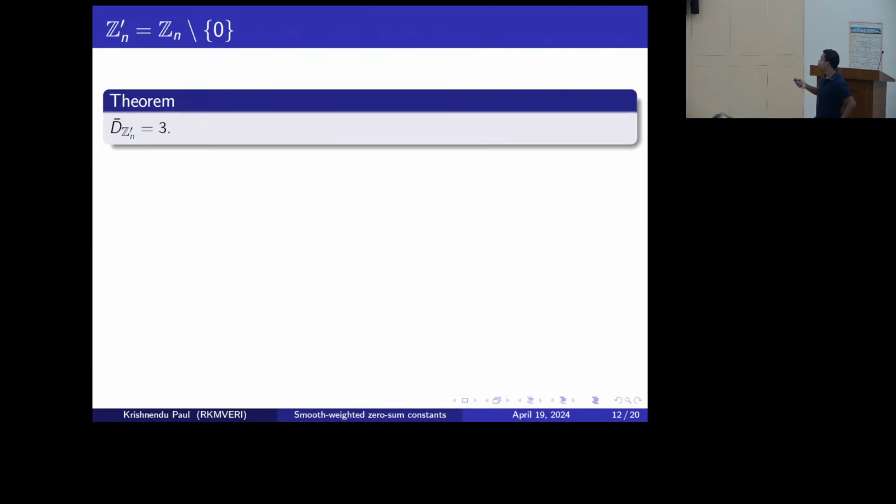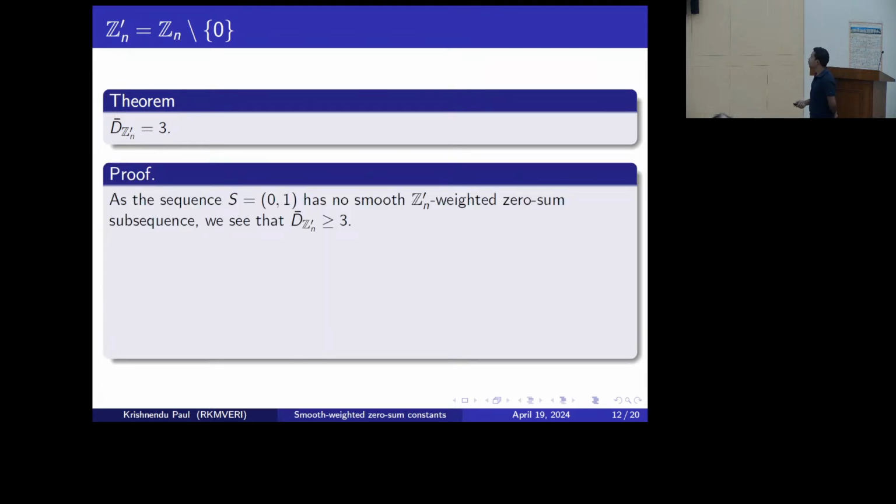So for the proof of the Davenport constant, it is 3. Firstly, for the lower bound, the sequence 0 1 has no smooth weighted zero sum subsequence. So obviously that means it is greater than or equal to 3.